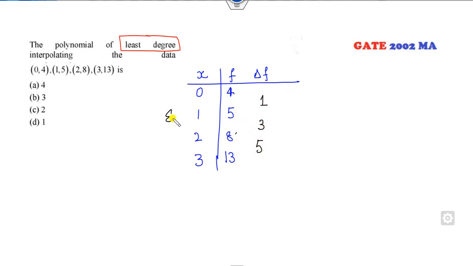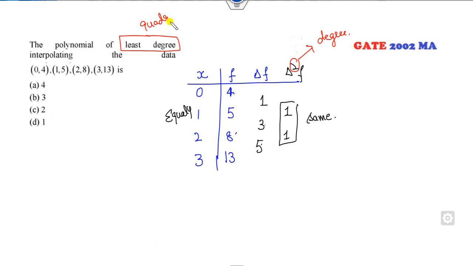Because they are equally spaced, it is very easy to complete the table quickly. Del square means you subtract them and divide by 2. 3 minus 1 is 2, divided by 2. 5 minus 3 is 2, divided by 2, which is 1. Now you can see they are the same. At which degree do they become the same? This is my quadratic degree. So once it is a quadratic degree, the answer is 2.